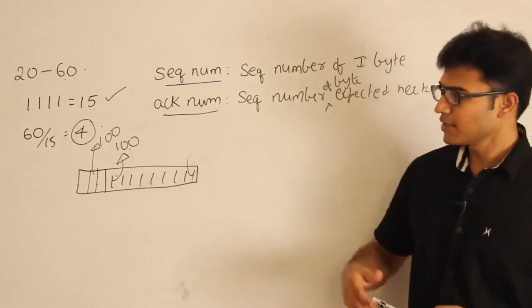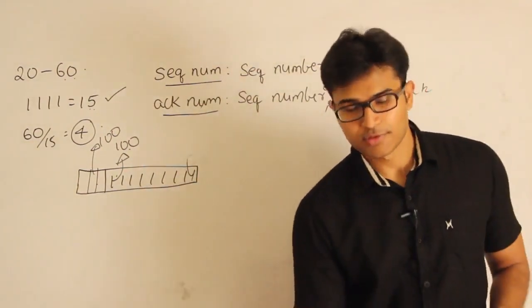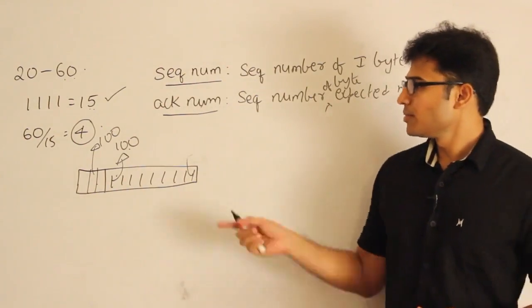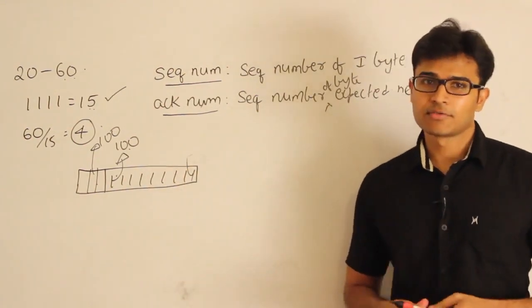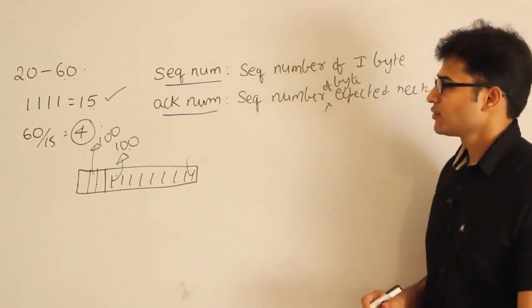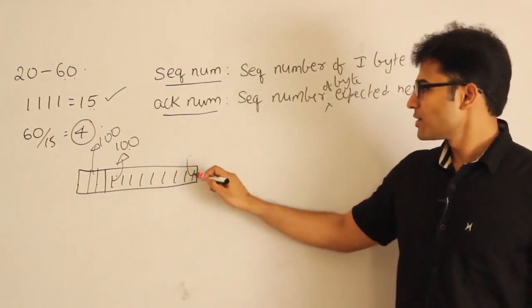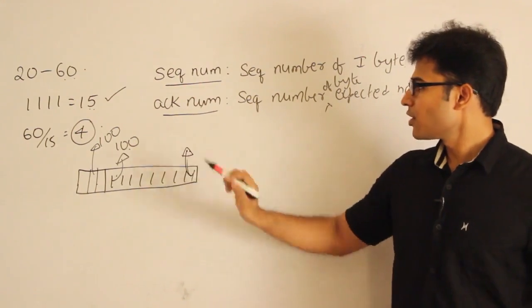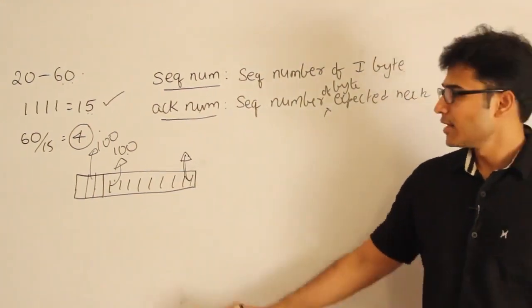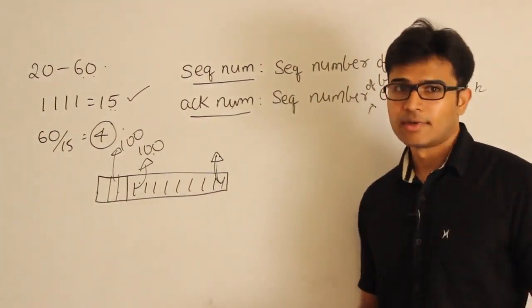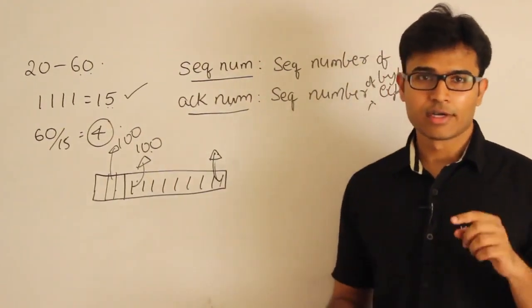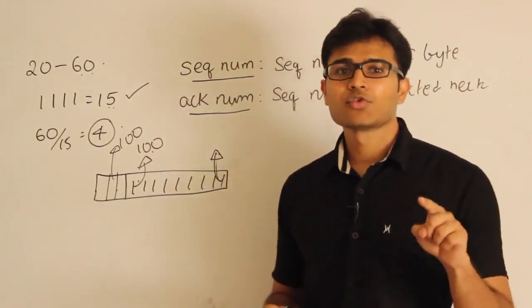And now when this segment is sent, the destination has to send you the acknowledgement. What will be the acknowledgement number the destination will send? That is the question. In order to find out the next byte expected, the destination should know the sequence number of the last byte. But the problem is, if you look at the TCP header, there is nothing called total length.